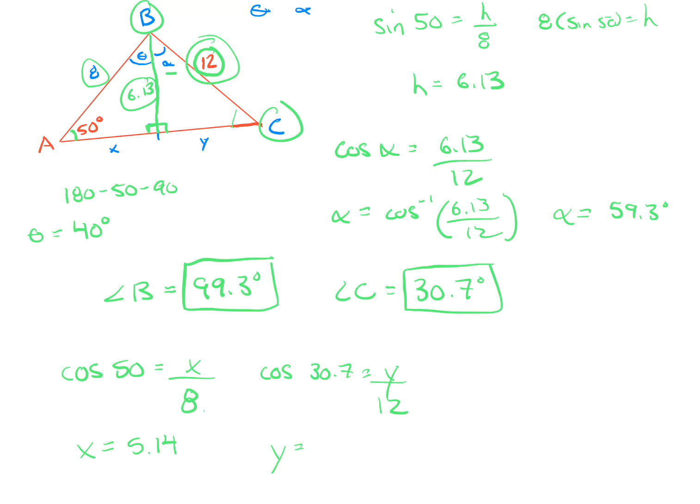So y comes out at 10.32. In order to get B, we just add those two things together, and you get 15.46. And you've solved for every side on that triangle.